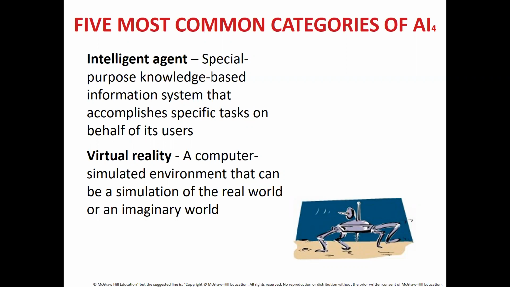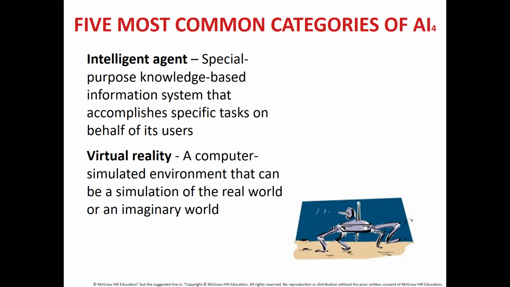It is a computer simulated environment that can be a simulation of the real world or an imaginary world. Now, virtual reality comes from the word reality. Reality is the fact, or what you actually see at the moment. Where you are seated, take a look outside the window or in the room, now you are seeing reality.